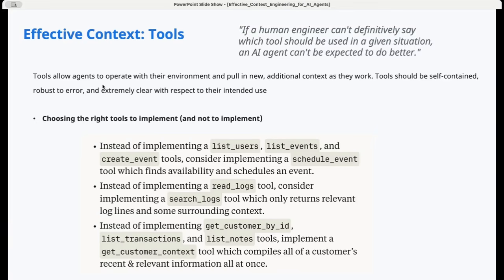So you need to design the tools to allow the agent to operate within its environment and pull in new and additional context as it works. The tools need to be very well scoped, self-contained, robust to error, and very clear in terms of their intended use. One guideline for creating tools is to choose the right tools to implement.